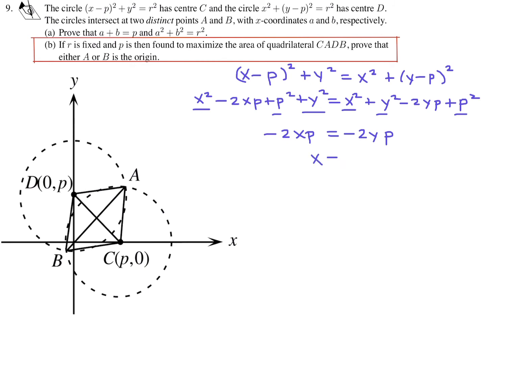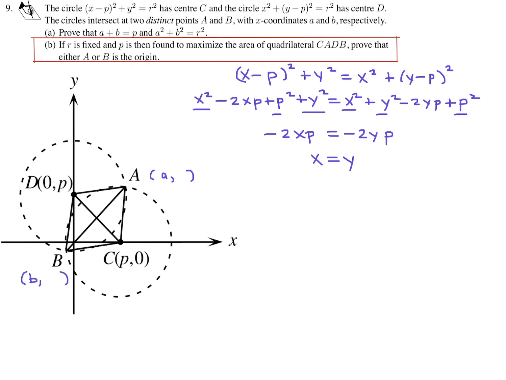Yeah, that's it. So that's very helpful, I think. Because what that basically means is that when you have these points that they've given you in the question, A and B have x coordinates, small a and small b, like that. They don't give you the y coordinate.